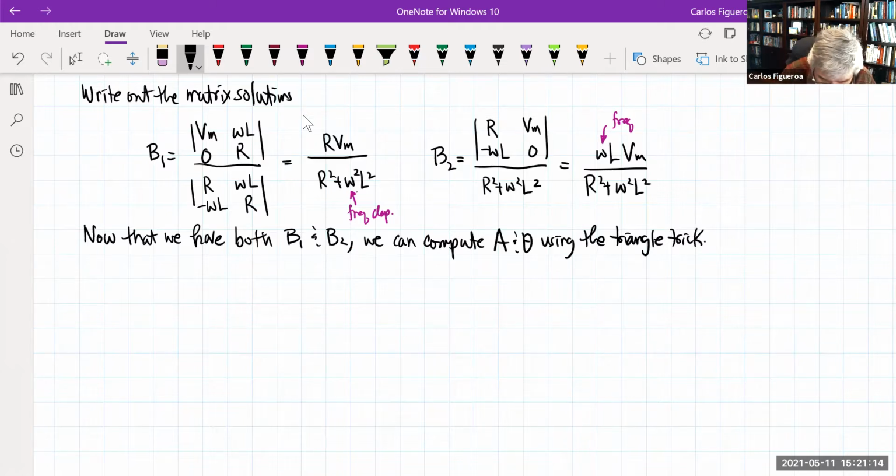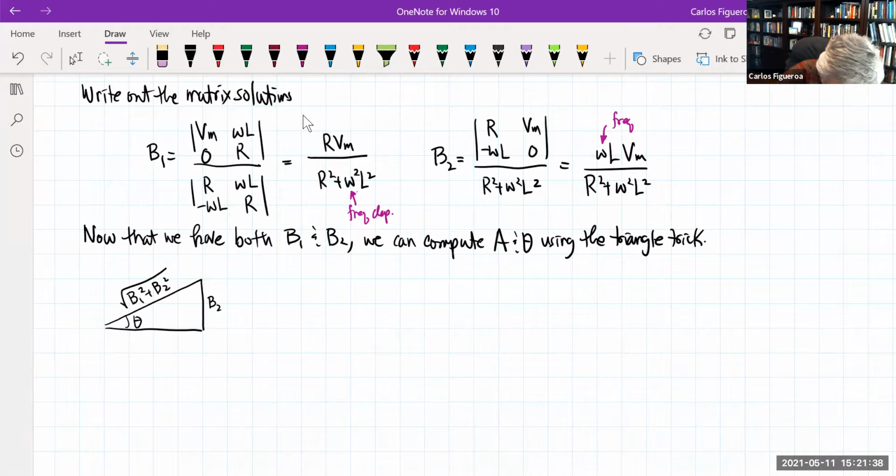So if I look at my trick here, look at my triangle. And what we said here, this is theta, this is B1, this is B2, and then this guy's going to be B1 squared, B2 squared, square root. So I'm not going to write out B1 and B2 again, but let's go do that.